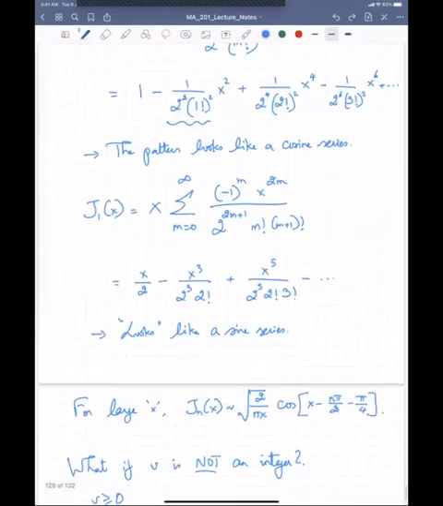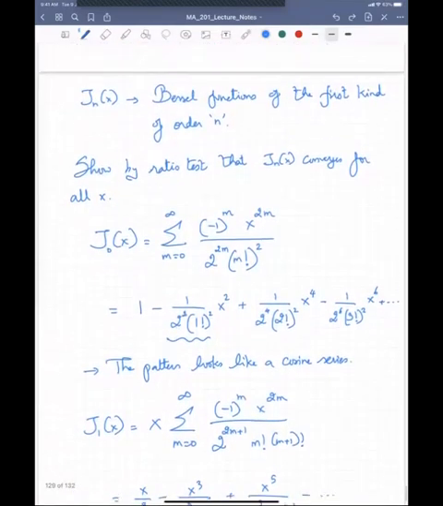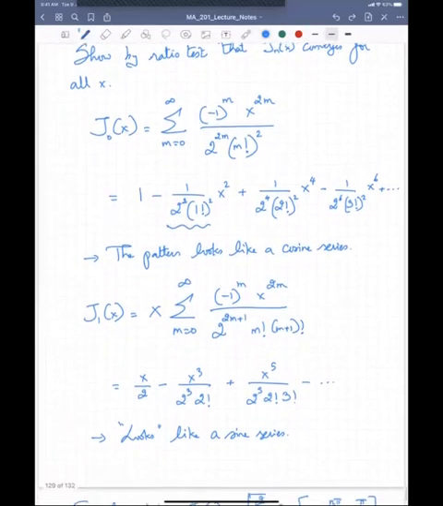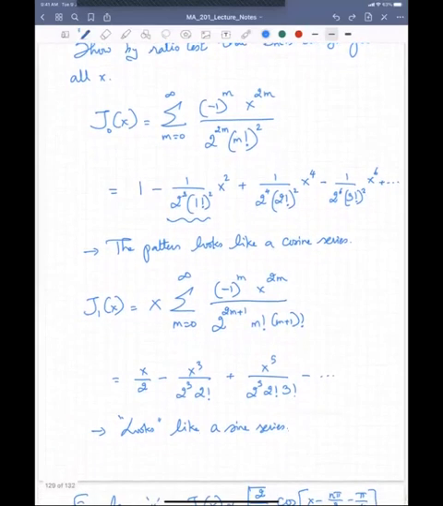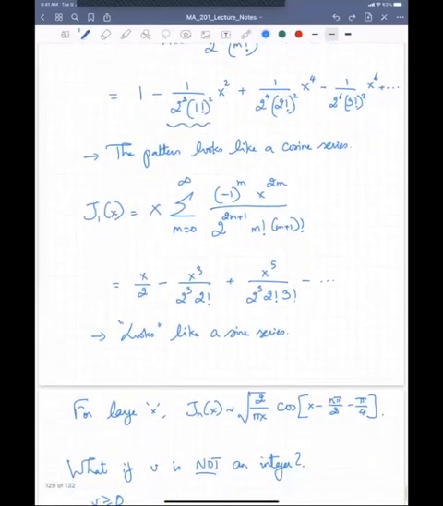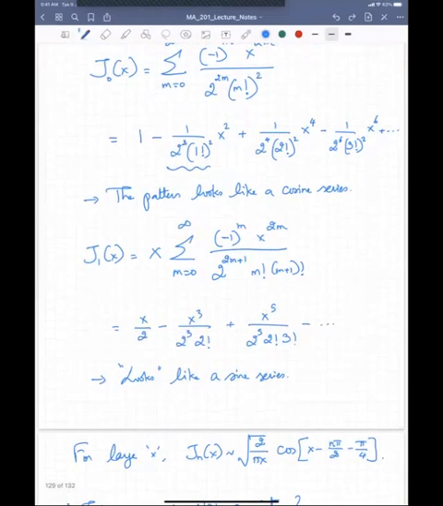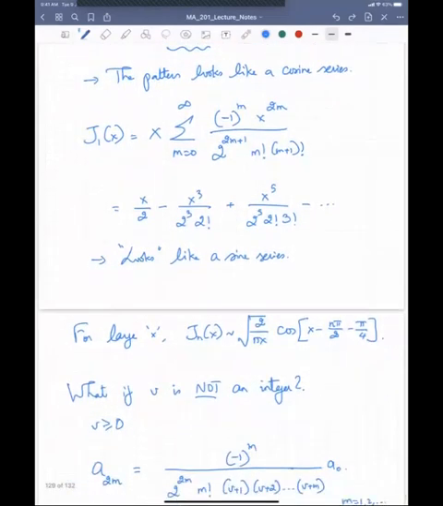Now, to get an idea of how these look, we evaluated the n equal to 0 and n equal to 1 Bessel functions, and we found that even though the coefficients were different, J0 went like 1 minus x squared plus x to the 4th and so on, sort of like the cosine series. And J1 went like x minus x cubed plus x to the 5th and so on, which looks like a sine series.